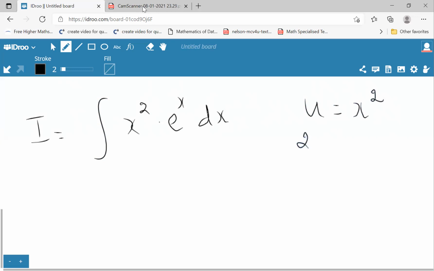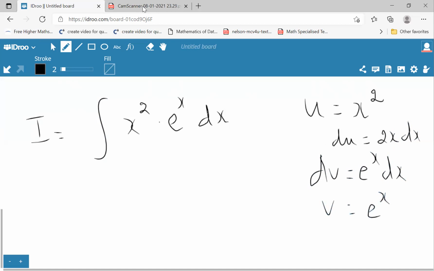Differentiating on both sides, you get du is equal to 2x dx. Same way, let us take dv to be e to the power of x dx. Integrating on both sides, you get v is equal to e to the power of x.